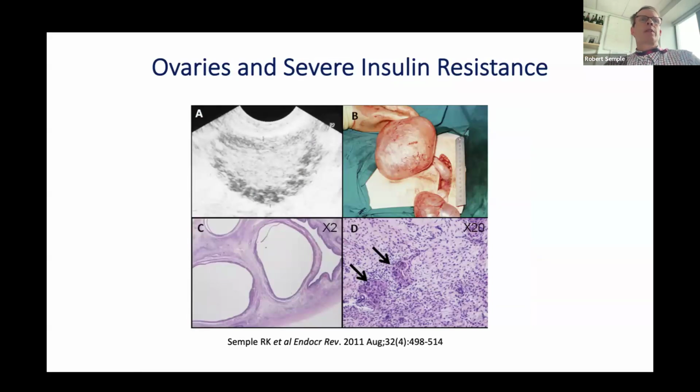And I think we almost can't emphasize the importance enough of the ovaries in severe insulin resistance. The large polycystic ovary syndrome literature, to my mind, is a little bit more skewed towards primary hyperandrogenemia as the driver of PCOS. And indeed, there is perfectly good evidence that that does happen.